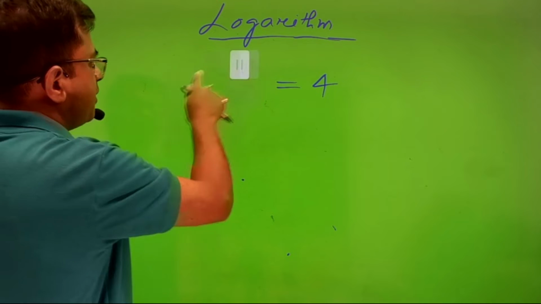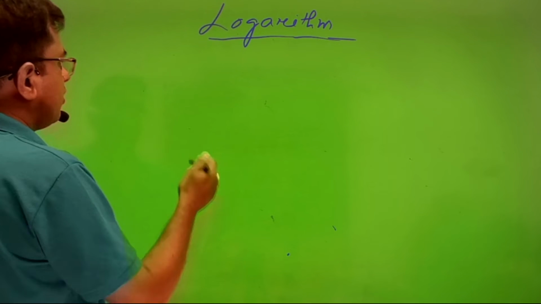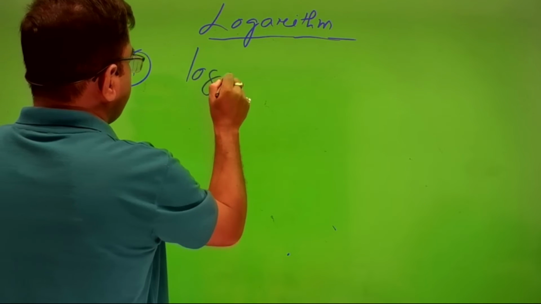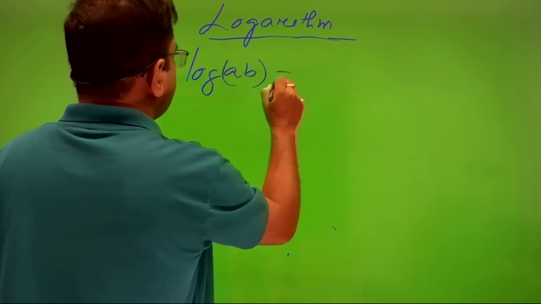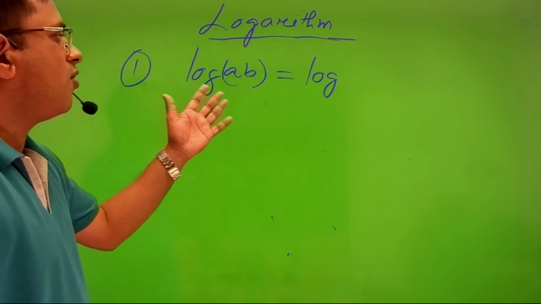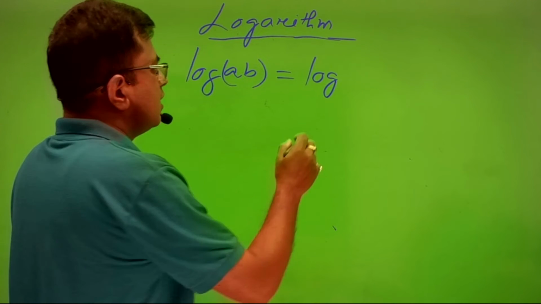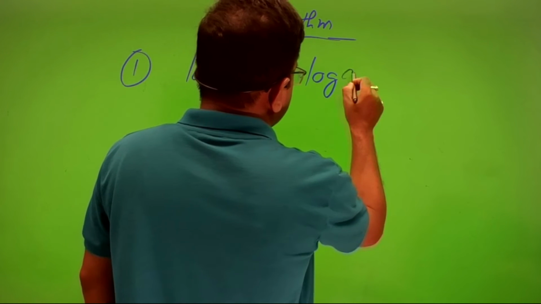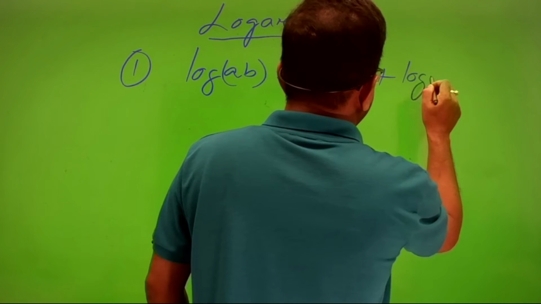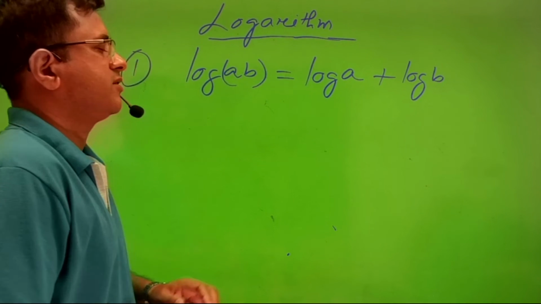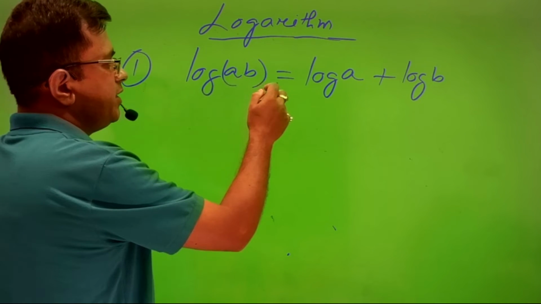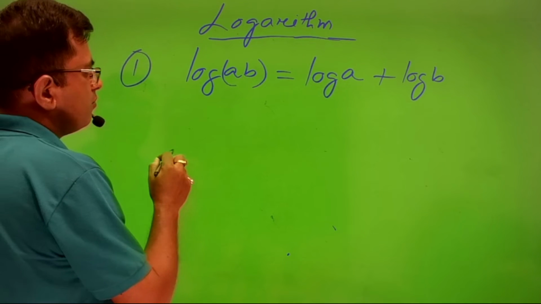Let us discuss some of the properties of logarithm. The first property is the log of a into b, where a and b are two numbers. When we find the log of the product of two numbers, this is equal to the sum of the logs of the individual numbers, that is, the factors. So log of a into b equals log of a plus log of b.